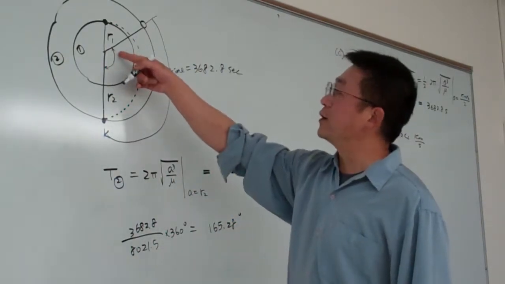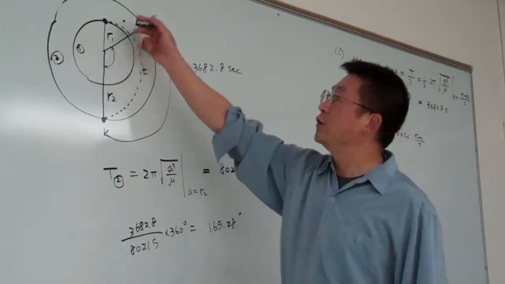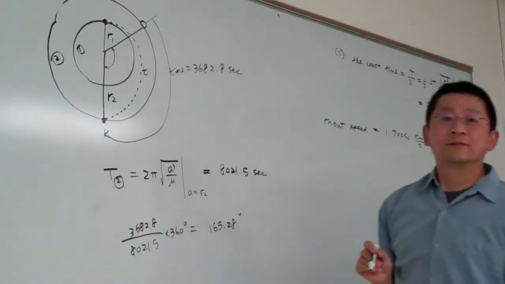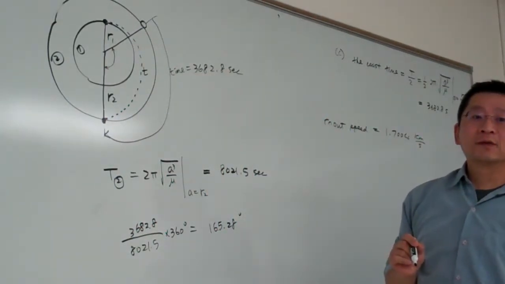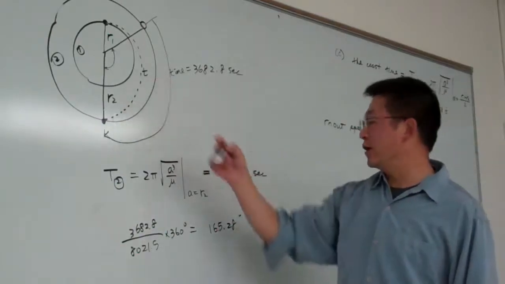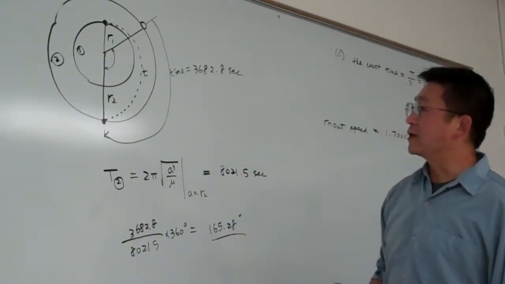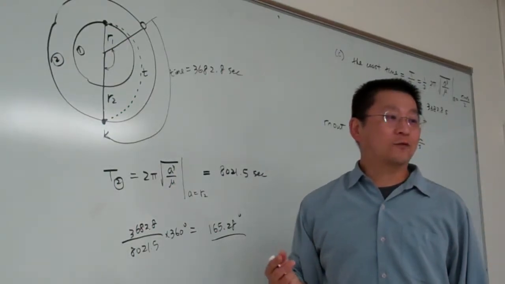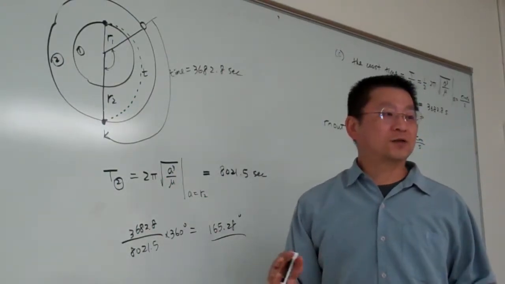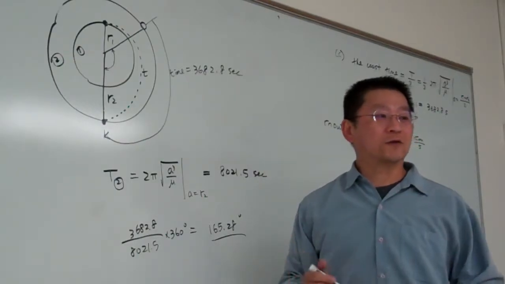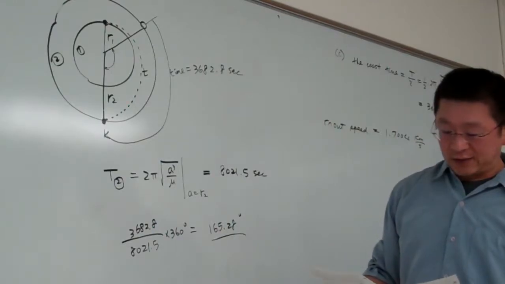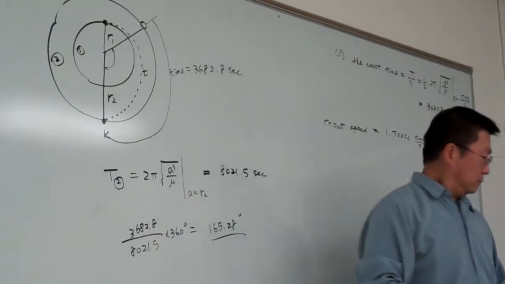That will help us determine when we need to launch this module. This is the same as the example we did last time for the mission to Mars, and when would be a good time to launch from the surface of the Earth. Okay, so this is a very quick example showing this.